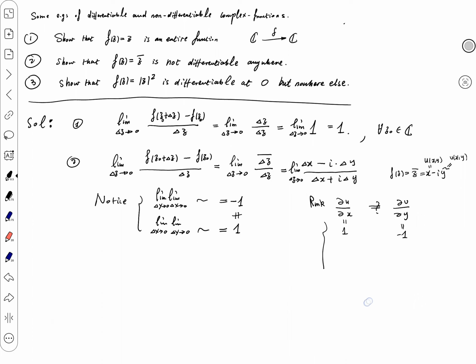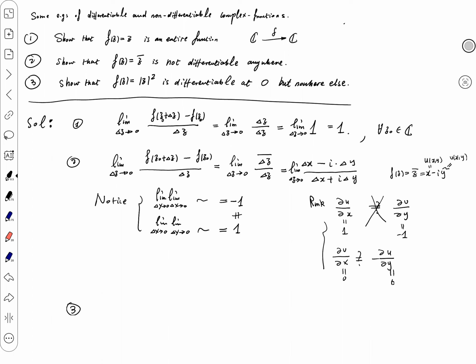And then partial v partial x is 0. Partial u partial y is 0. The second one is okay, but the first one doesn't satisfy. And so the Cauchy-Riemann equation is never satisfied.